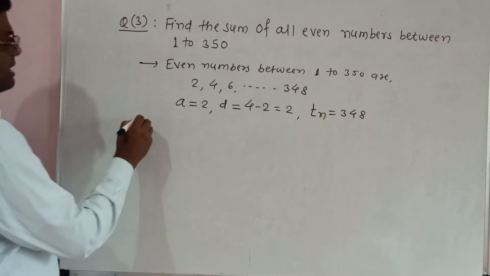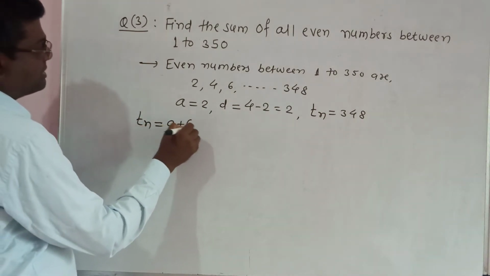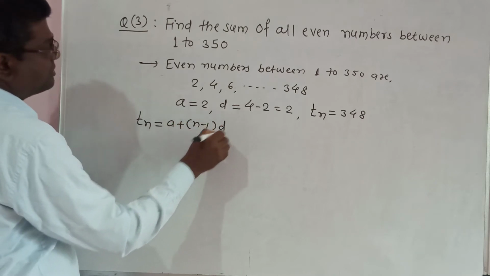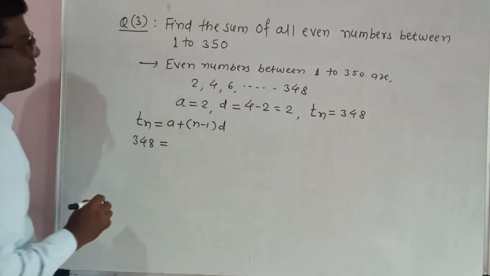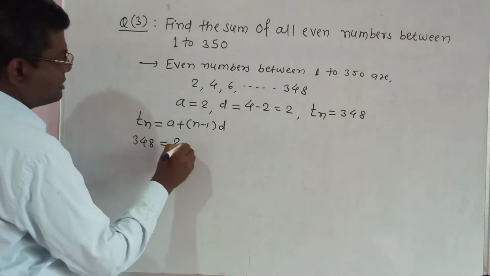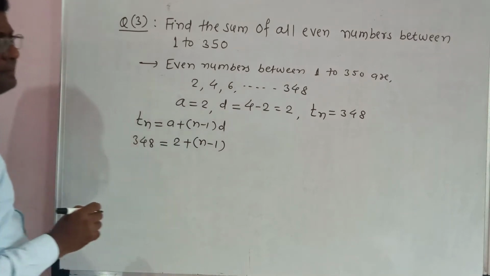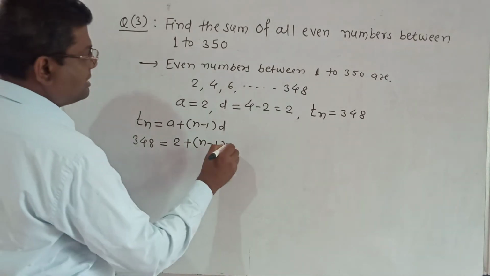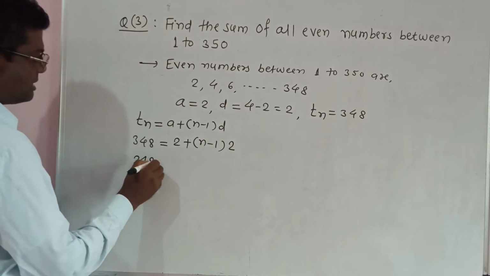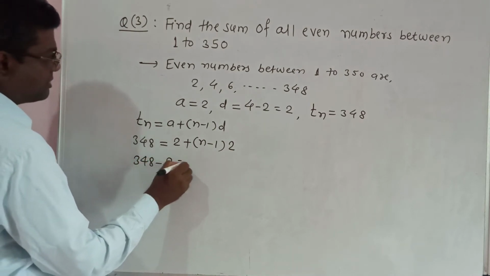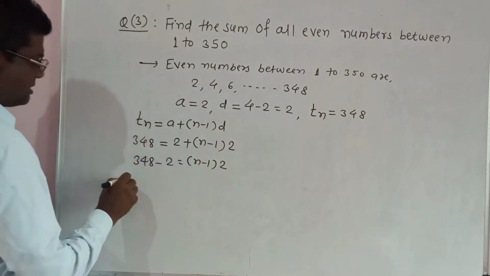Therefore we write the formula tn is equal to a plus (n minus 1) into d. tn is 348 is equal to a is 2 plus (n minus 1), we have to find n, into d. d is 2. Therefore 348 minus this 2 is equal to (n minus 1) into 2.